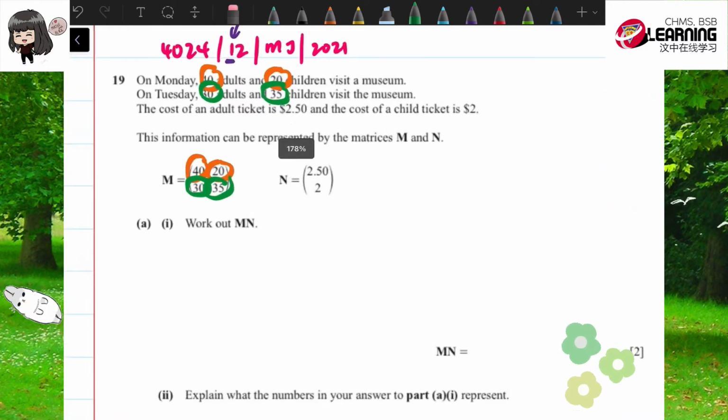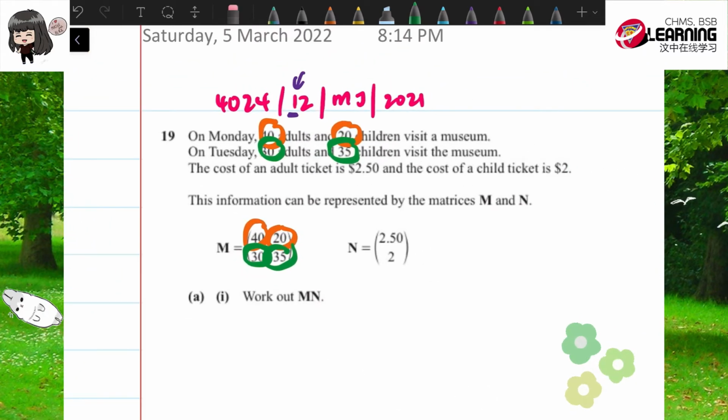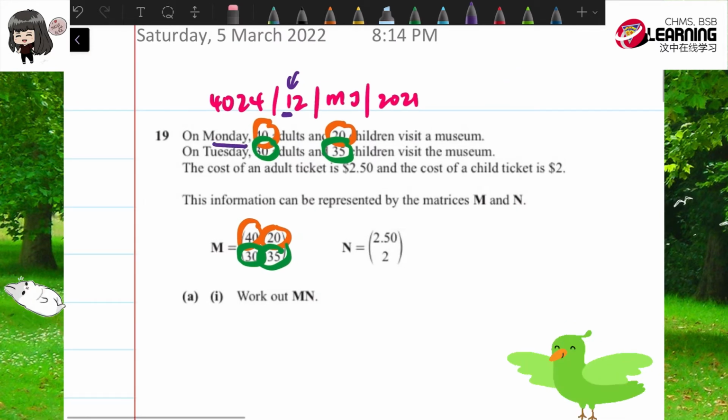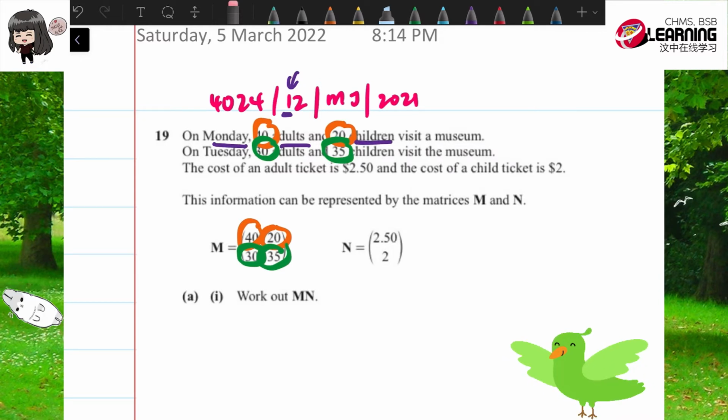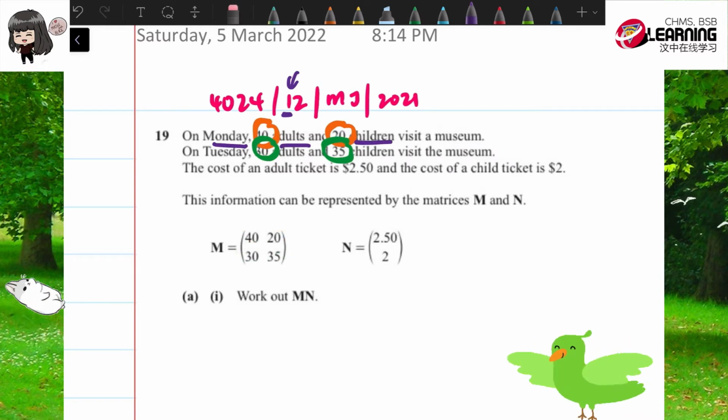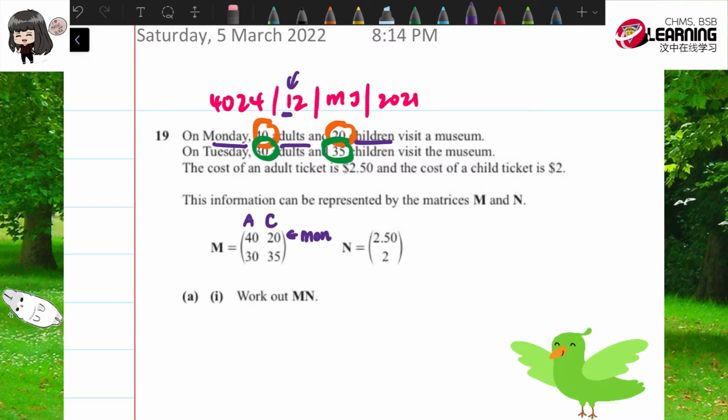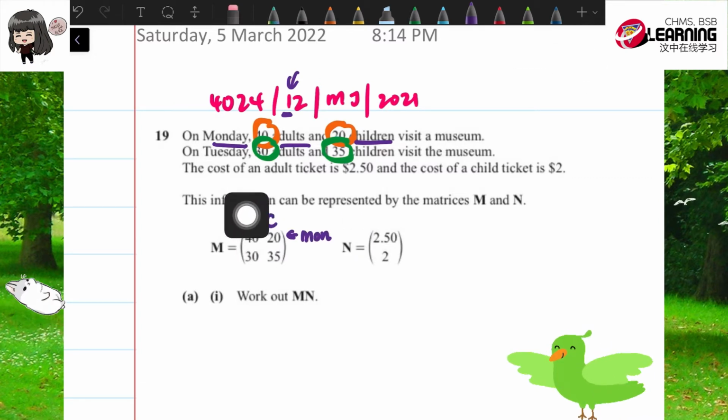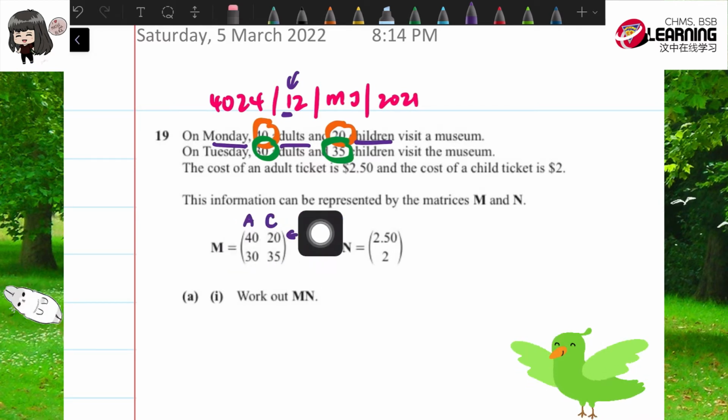What does this actually mean? This 40 and 20 is Monday, where the adults and children visit the museum. So this row is represented as Monday, and this is adult and this is child. So Monday, adult 40, children 20 visit the museum.